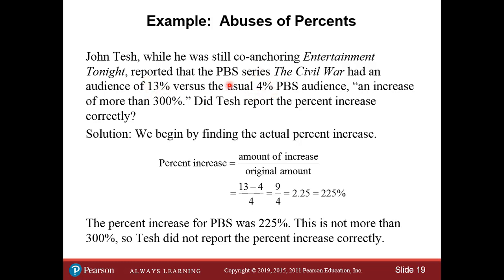So he basically said that this percentage was almost more than 3 times this percentage. Okay, that's where he got the more than 300%, because if you triple this amount, right, you get this. So it would be more correct if he said that the percent of audiences was triple the usual rate. Then that would probably be more accurate.